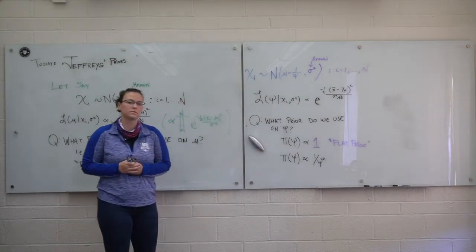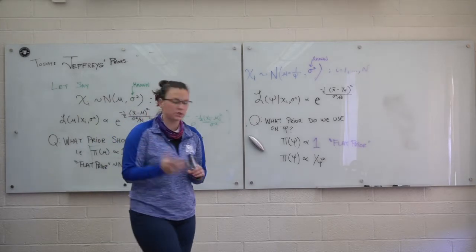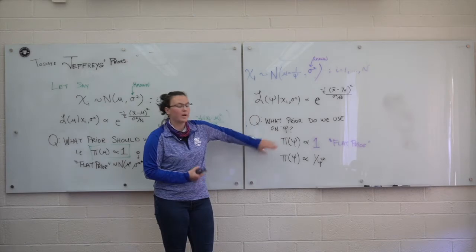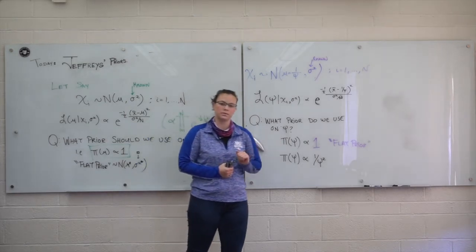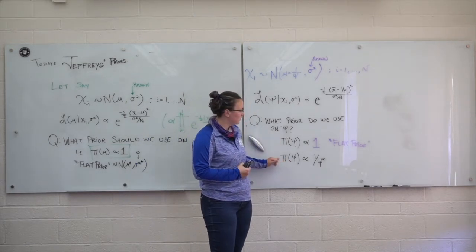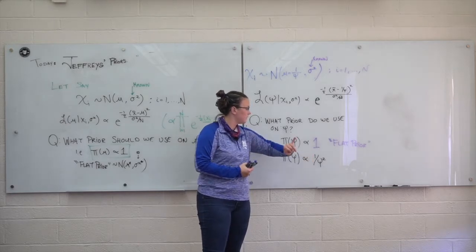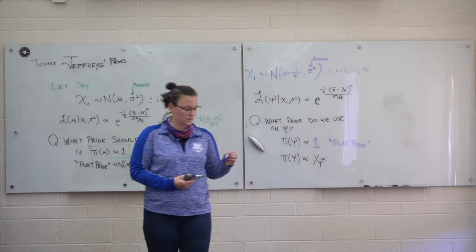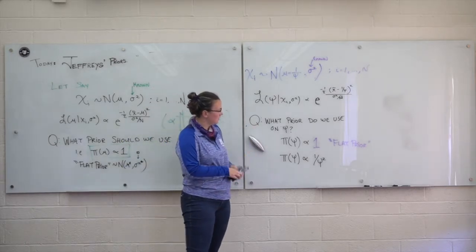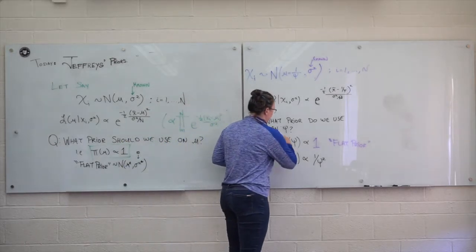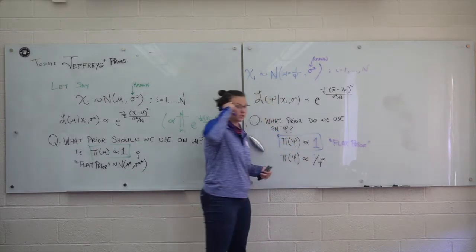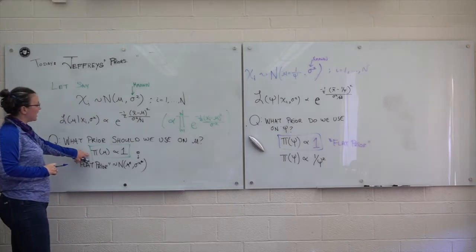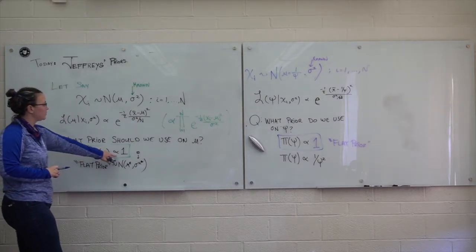And again, I polled, just so you guys know, and the majority of the students liked pi of psi proportional to 1. And only a couple liked 1 over psi squared. If you're sitting in your room and you like this one, make a mental note to yourself. Because hopefully you also agreed we liked pi of mu proportional to 1.